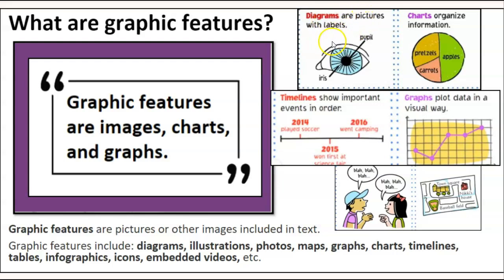So it would be diagrams with pictures and labels, charts showing information, graphs giving you a visual, or even timelines show that chronological order, or maybe some kind of comic. Okay, something conveying that information. But these are pictures or other images included in the text. All right, so could also be illustrations, photos, maps, all these down here. Embedded videos could be one, right?